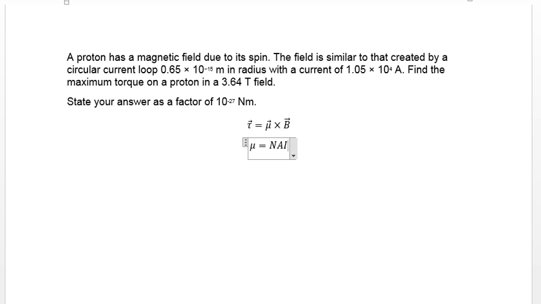Well, the number of turns in this case is 1, so we're just looking at pi times this radius squared times the current. Just note that n equals 1, right?